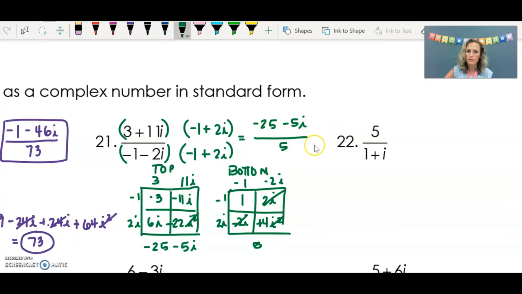Now this has an additional element that needs to be simplified. Notice that all of these coefficients are divisible by a common factor, and that common factor is 5. So we're going to divide all of the coefficients by 5. Oftentimes I will denote that by doing this kind of a thing to show that we're going to simplify all of those.